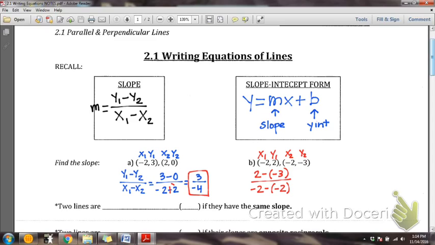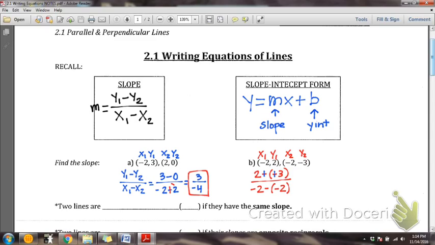Be really careful with your signs. In the numerator, I have 2 minus negative 3. What happens to those 2 negative signs? Yep. So 2 negatives beside each other become a positive.